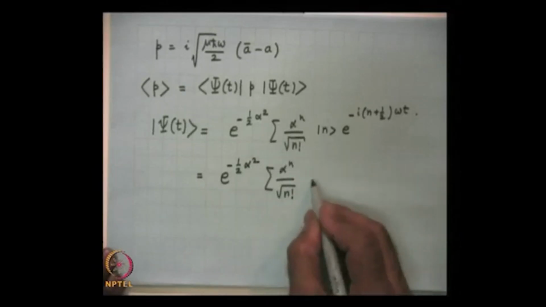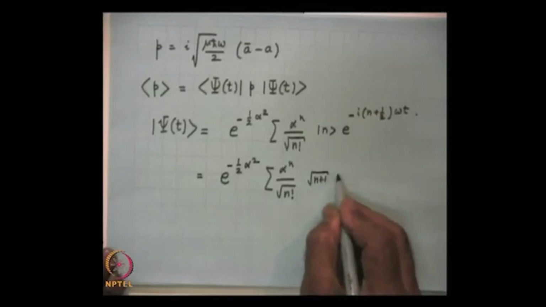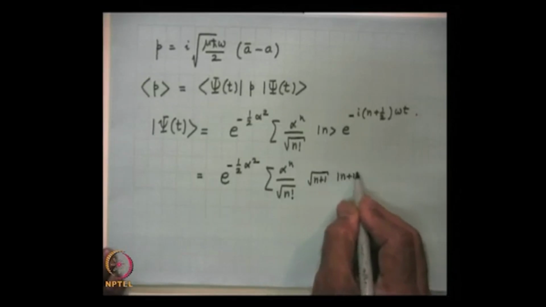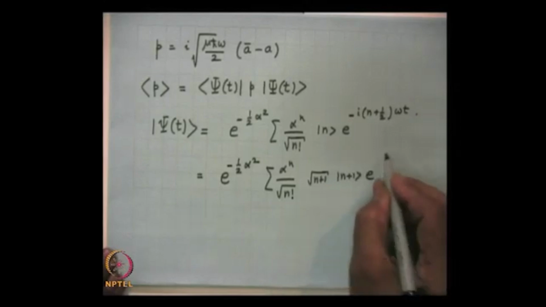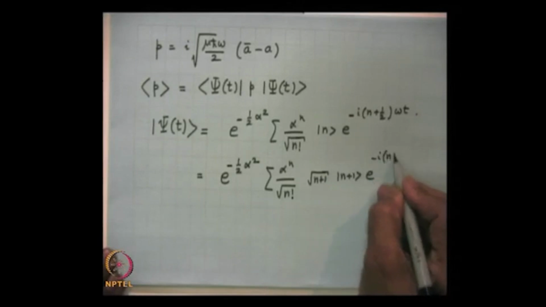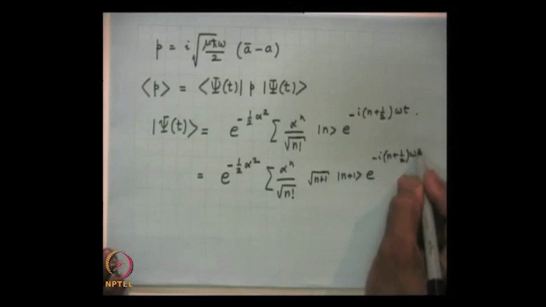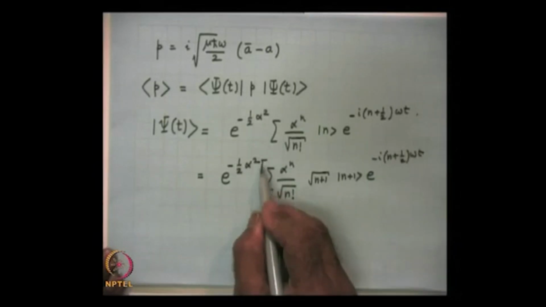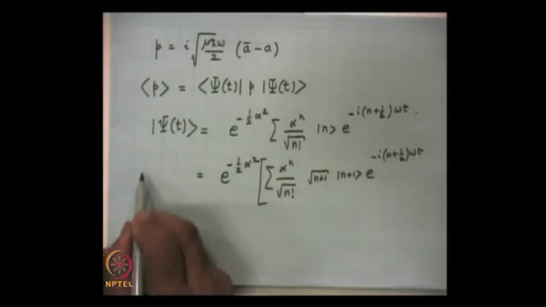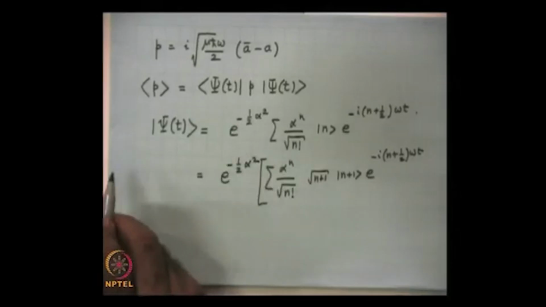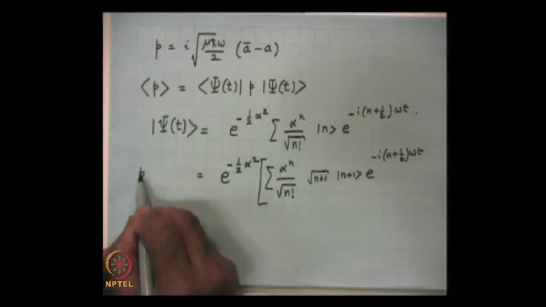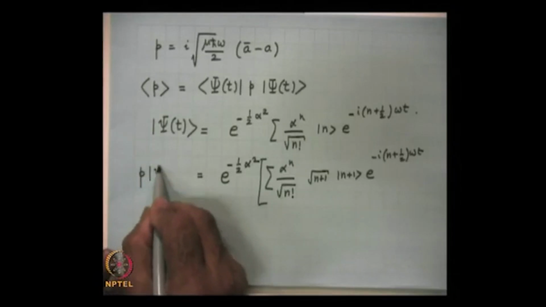A bar ket n will be square root of n plus 1 ket n plus 1 e to the power of minus I n plus half omega t, and there will be another term, because this will be P operating on psi t.